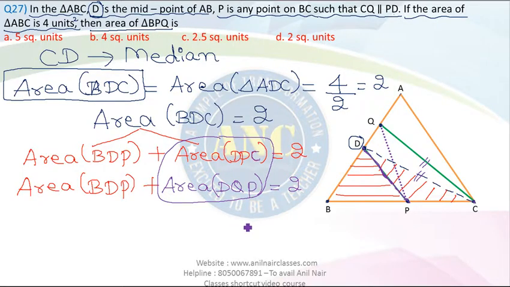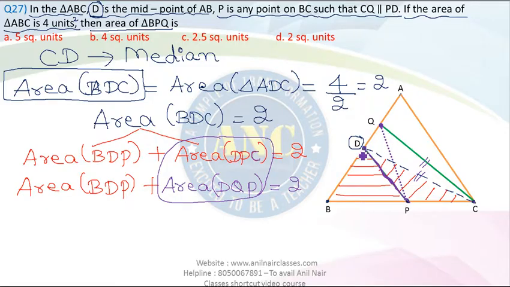That means, can I say that the same base is there for both the triangles, and one of the triangles is DPQ? Yes, point Q is lying on the line CQ, and that CQ is parallel to PD, right?